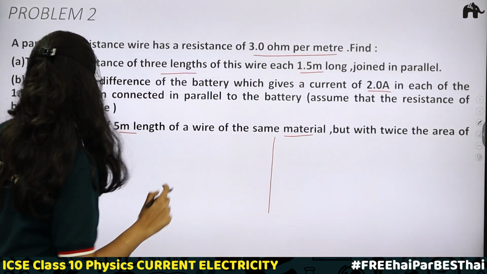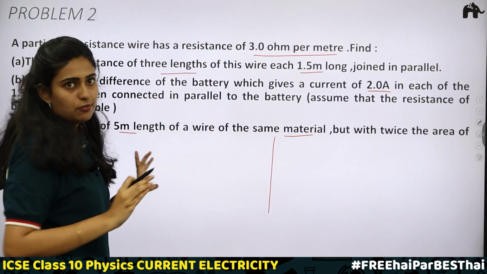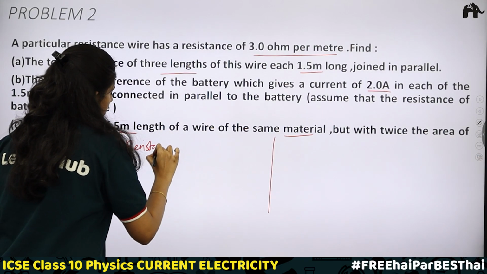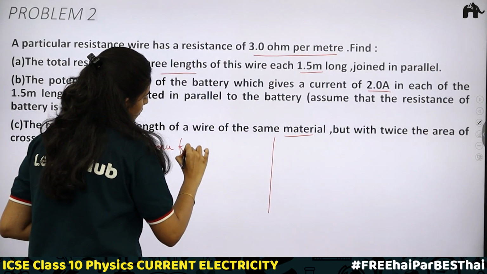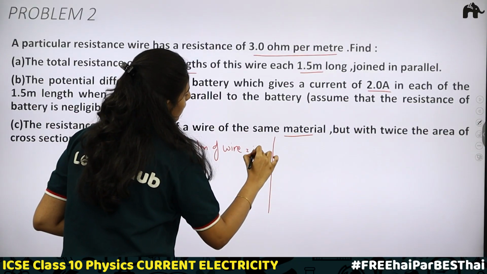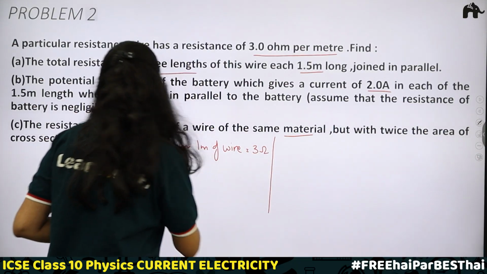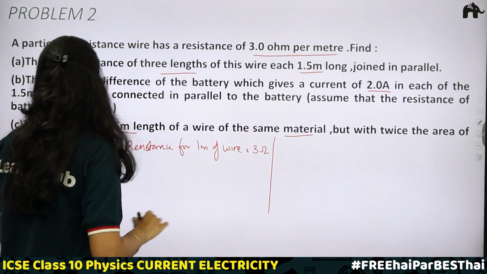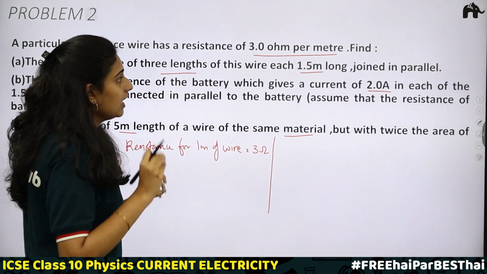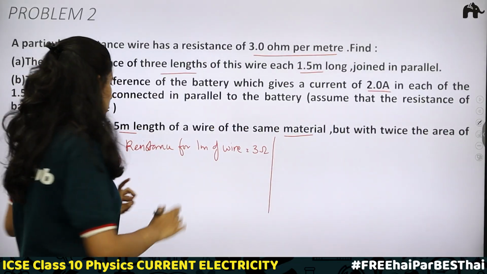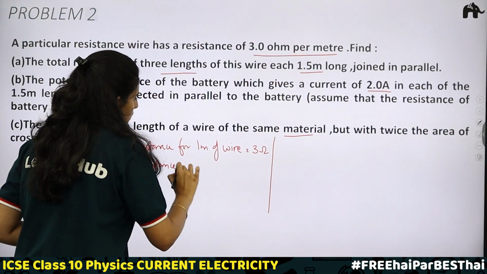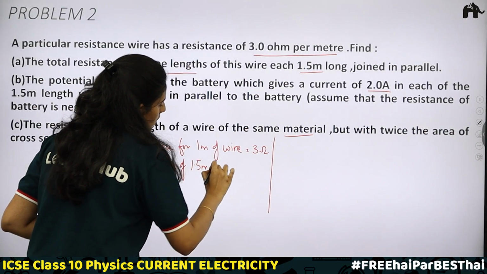What is given? Given that for 1 meter of wire, the resistance is 3 ohm. Now the first part, we have to find the total resistance of 3 lengths of this wire, each 1.5 meter long. Then what is the resistance of 1.5 meter of wire?